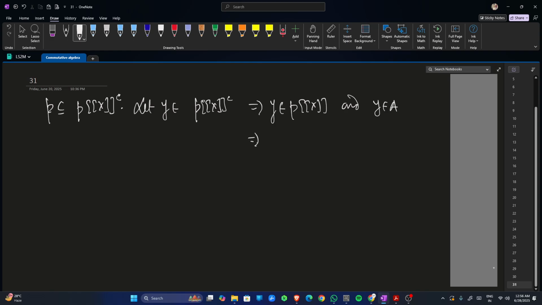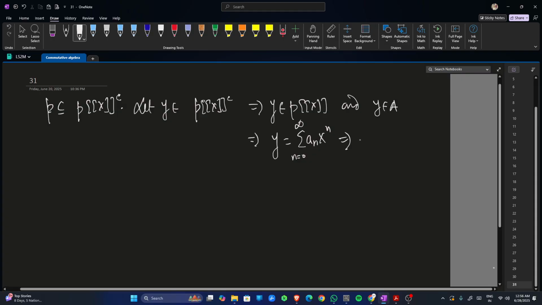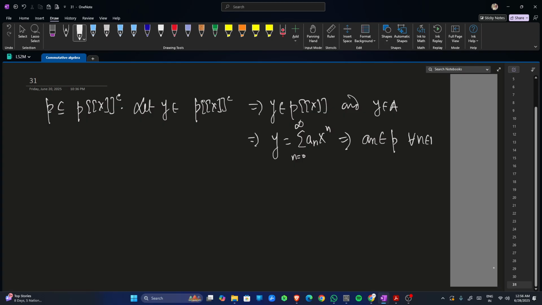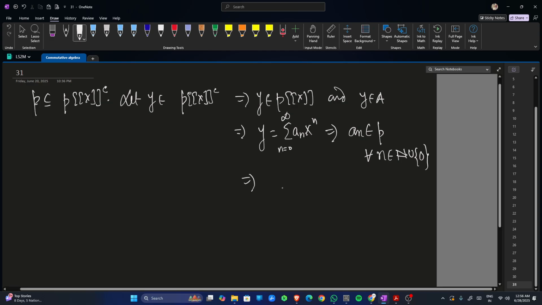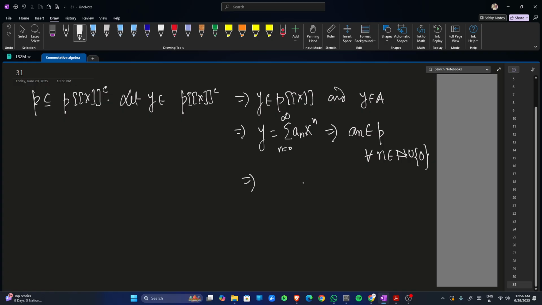Now write y as the summation a_n x^n, n equal to 0 to infinity. This implies a_n belongs to P for all n belonging to N union 0, by definition.